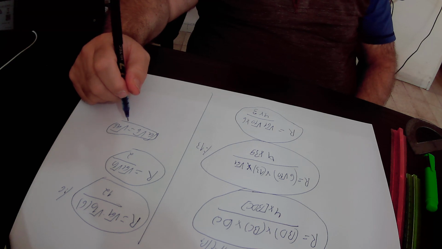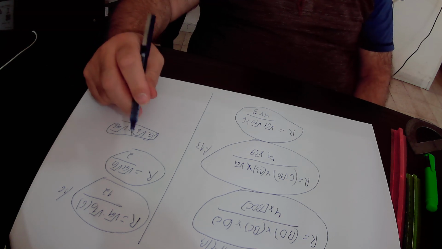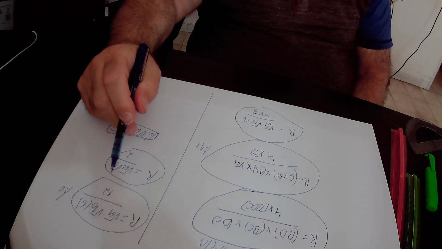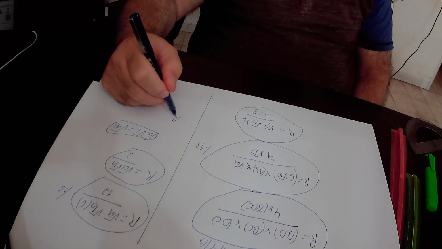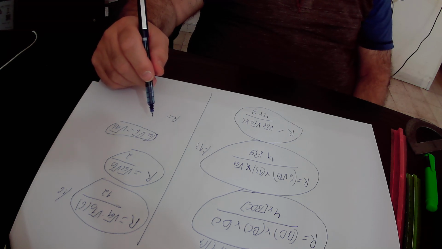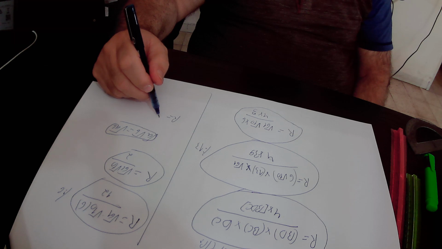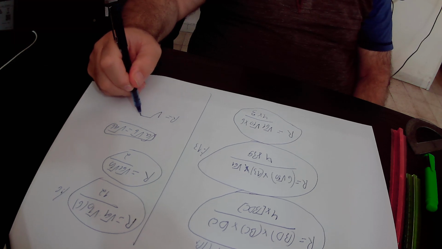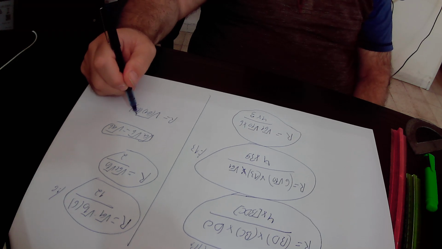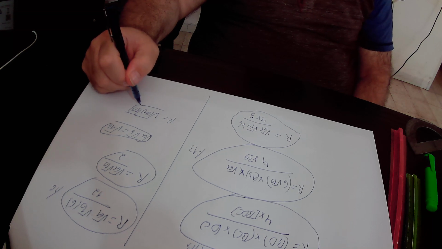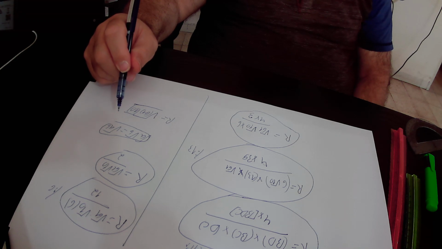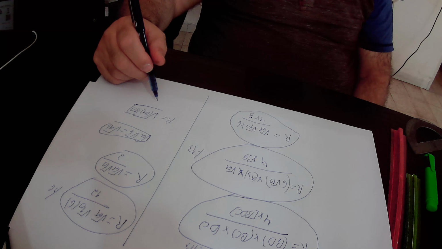We will use this algebraic identity in order to find the value of the square root of 61 times the square root of 10. So according to this algebraic identity, the square root of 61 times the square root of 10 will be equal to the square root of 61 times 10, all divided by 2.